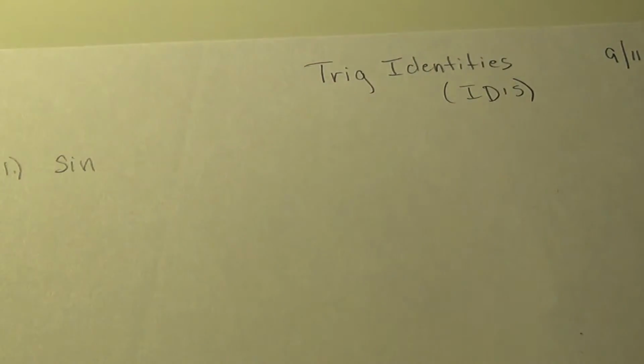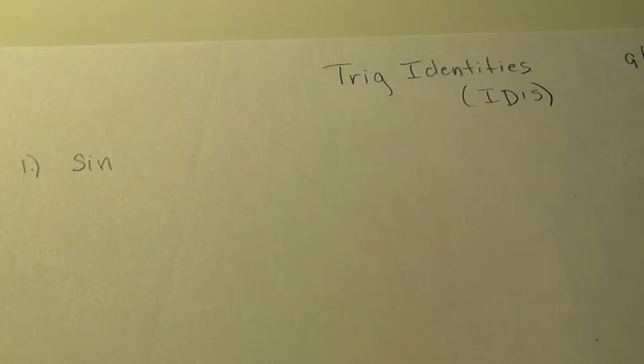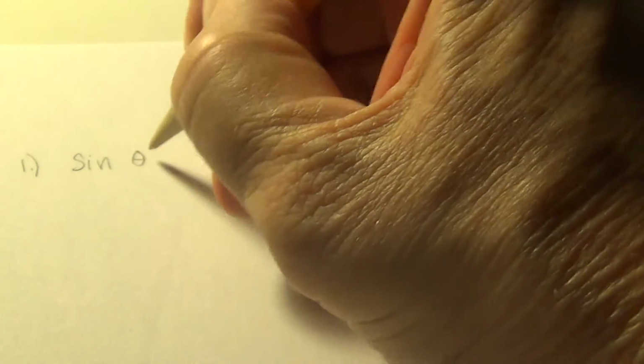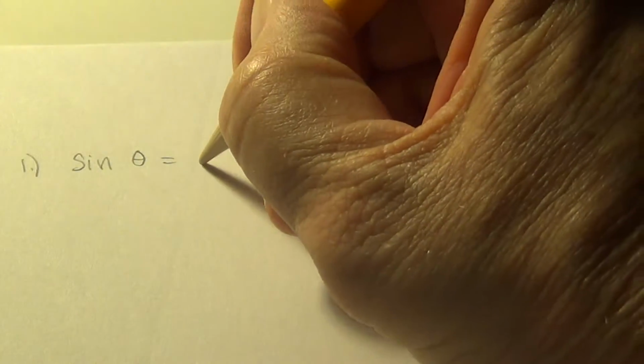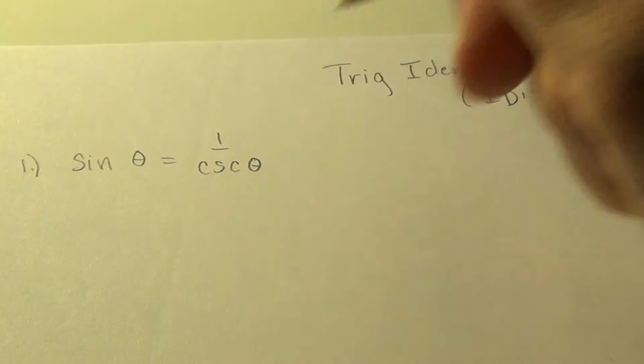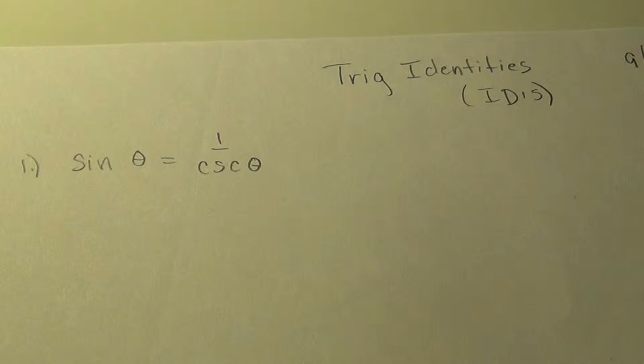The first, and we're going to number them for reference, the first trig ID is sine of theta equals 1 over the cosecant of theta. When I introduce sine, I introduce cosecant as the flip, or the inverted form of sine, the reciprocal. So this represents that relationship.